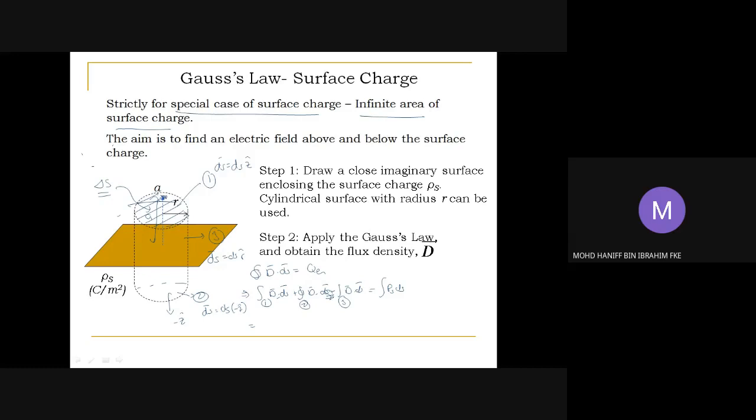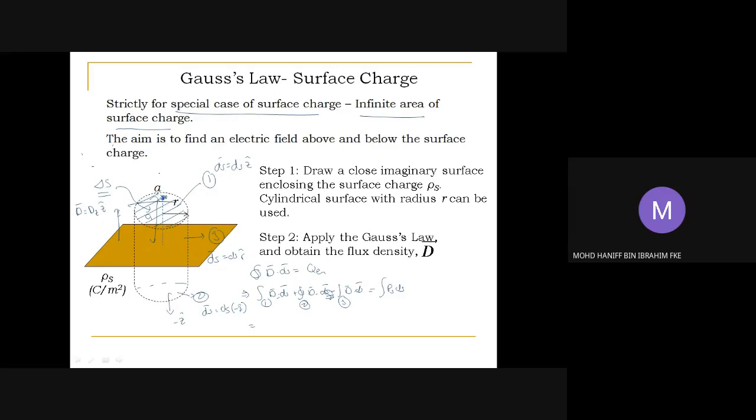We know that for this particular case of surface charge density, your flux will be directed normal with regard to the surface. It means that for surface number 1, your flux density D can be written simply as Dz in the direction of positive z, because for this particular case of surface charge with infinite area, your flux direction is only normal with regard to the surface.